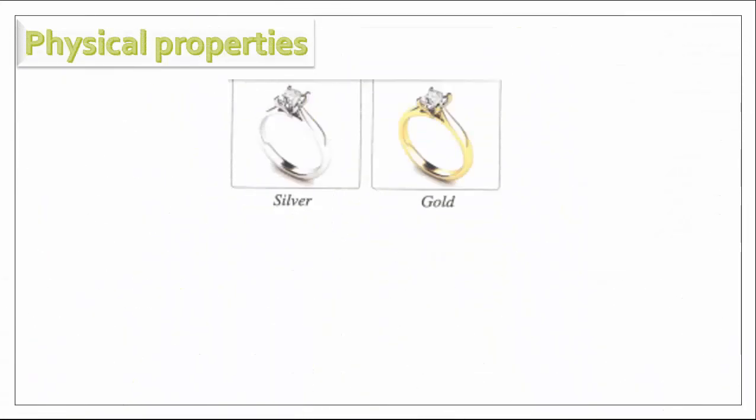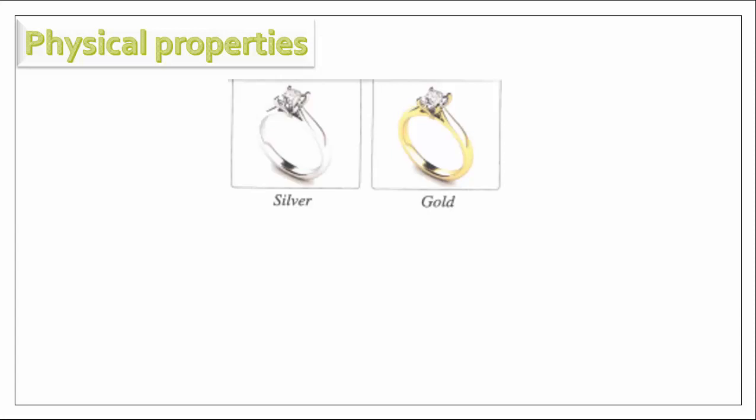Here, the first point in the physical properties. If I asked you, how could you know that the ring is gold or silver? What will you say? Yes, the gold ring has yellow color, while the silver ring has white color.